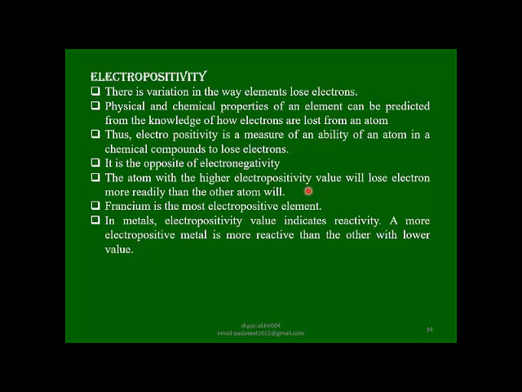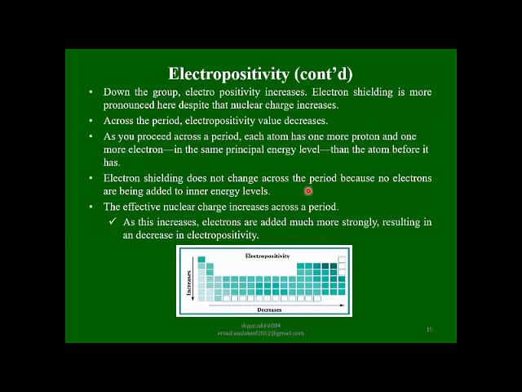Number 1, the atomic distance, the radius, is the largest. Number 2, ionization energy is the lowest. So it is easiest for francium to lose electrons. So it's the same: down the group it increases, across the period it decreases, as we have explained.